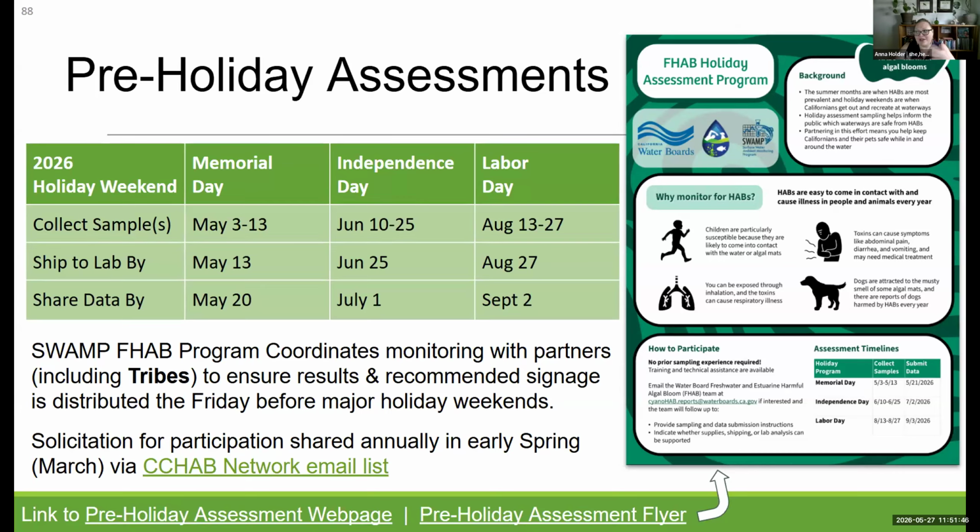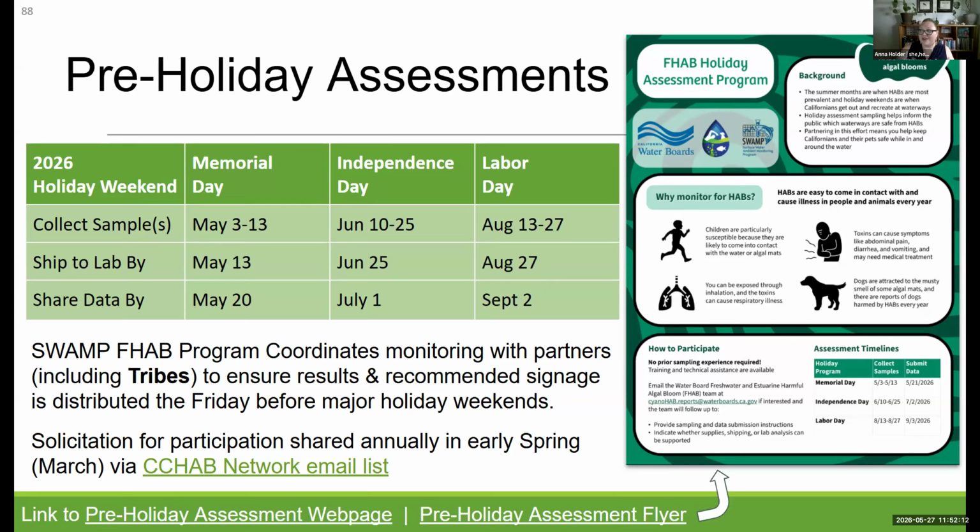If you haven't been involved yet, there's still some time for maybe Independence Day if you're really fast, Labor Day if not, and then otherwise, these holiday assessments have been going on for a number of years. So if you're just thinking about gearing things up and doing the training this year, just keep in mind, we're happy to have folks opt in for next year as well.